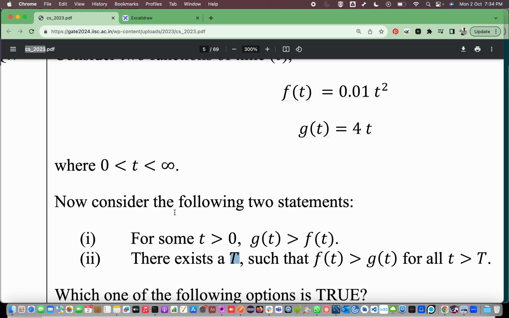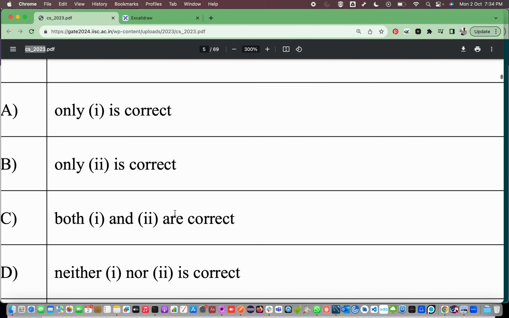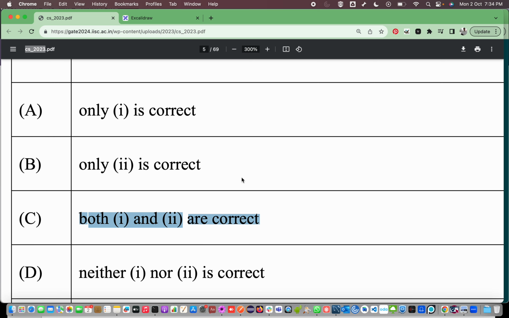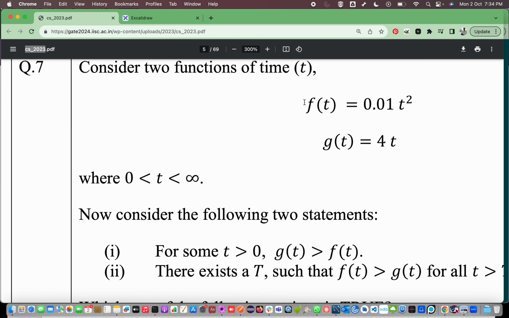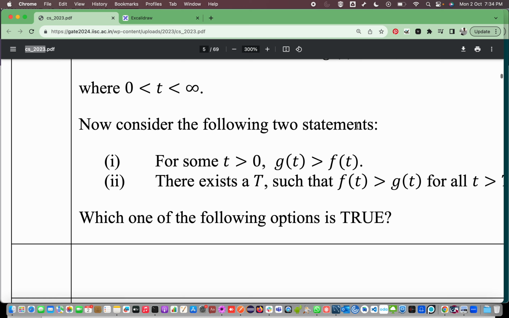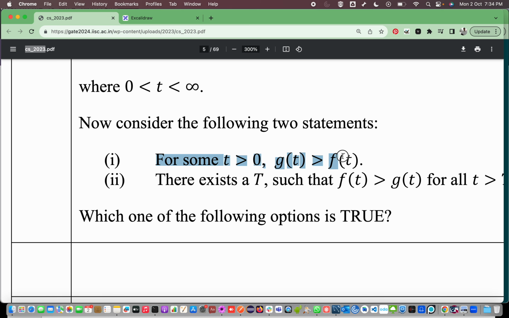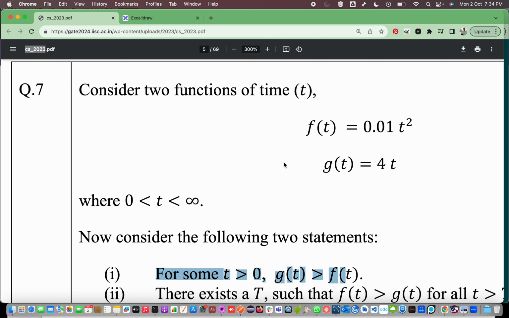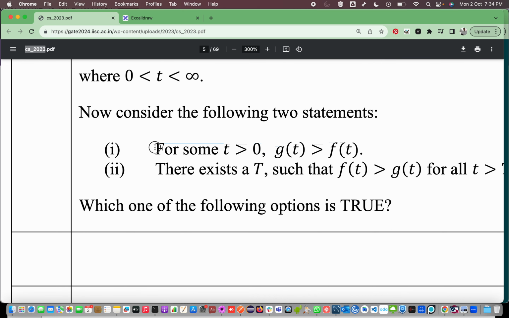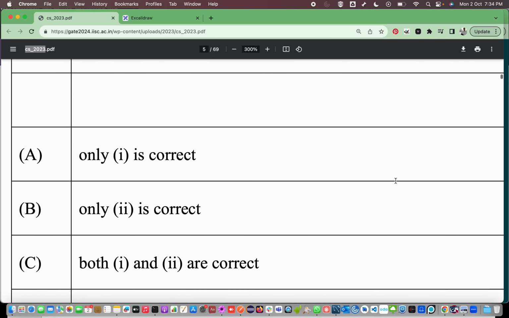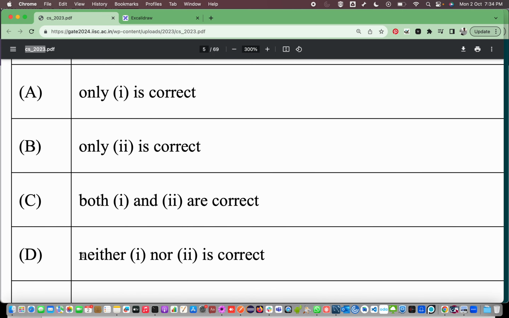If that is the case, then we will opt for choice C, both. Let's say for whatever value only one equation dominates forever, which means any one statement is correct, either 1 is correct or 2 is correct. But whatever the t value is, if f and g are always equal, which means both the statements are wrong. So neither 1 nor 2 is correct.